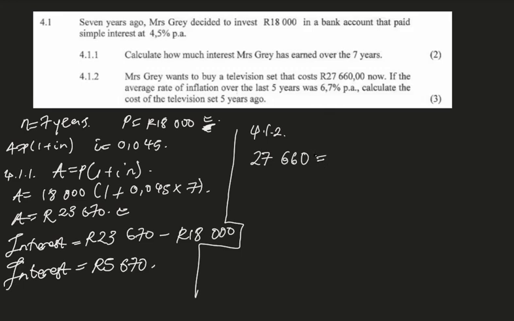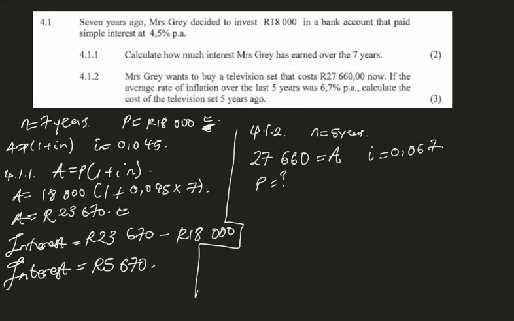If the average rate of inflation over the last 5 years, okay, last 5 years, that's the period, was 6.7% per annum, that is our i. Our i is equal to 0.067. Calculate the cost of the television 5 years ago. So the money we have now has accumulated interest, so it's the accumulated amount, and we are looking for the principal amount from 5 years ago.